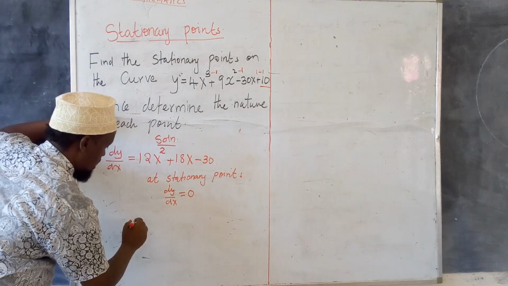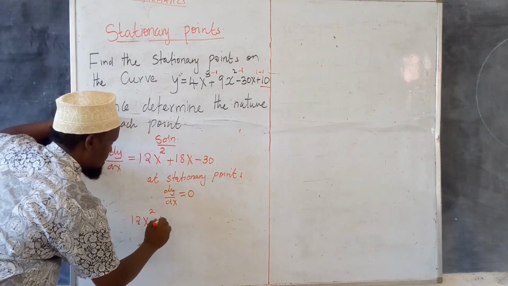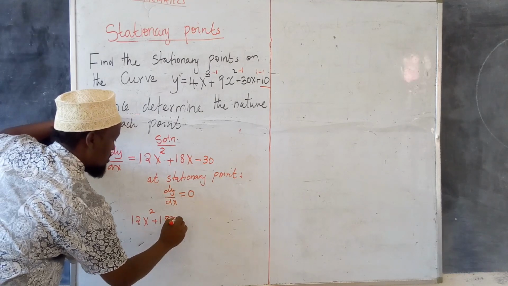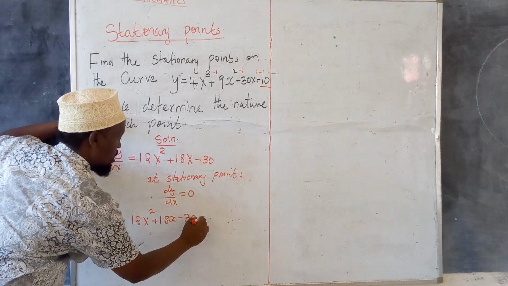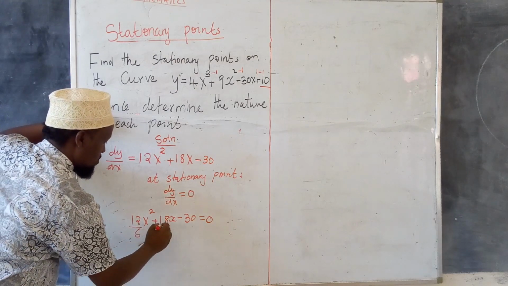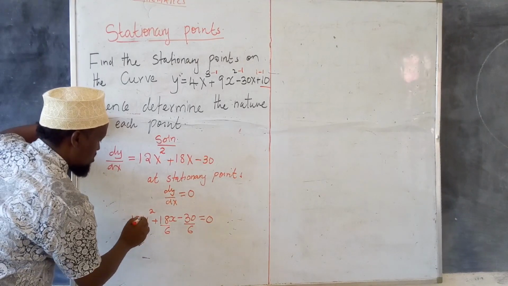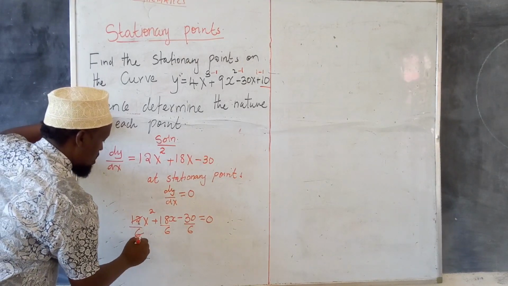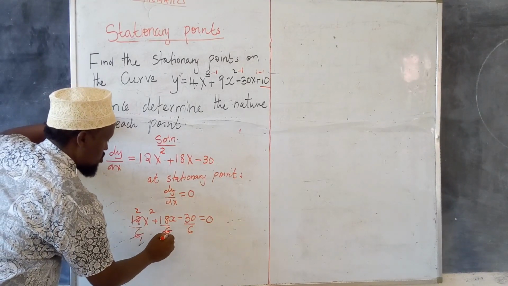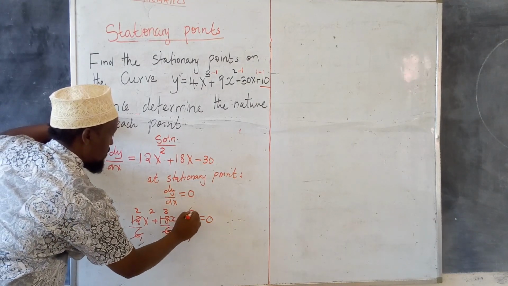Then we say 12x squared plus 18x minus 30 will be equal to 0. So let's simplify this one. Divide by 6, divide by 6, divide by 6. So 6 cancels with 6, 1; 6 into 12 we have 2; 6 into 18 we have 3; 6 into 30 we have 5.